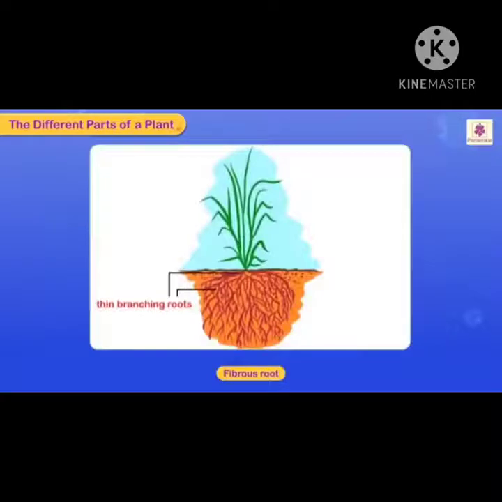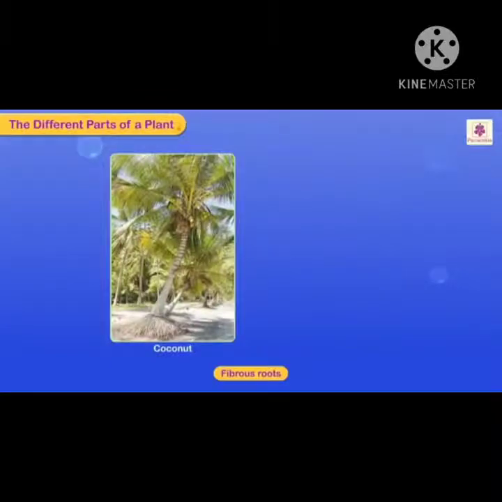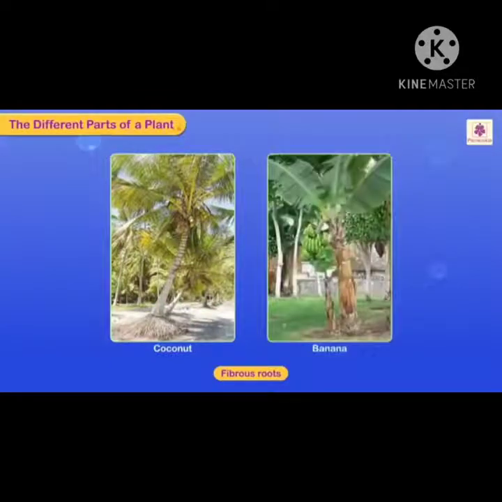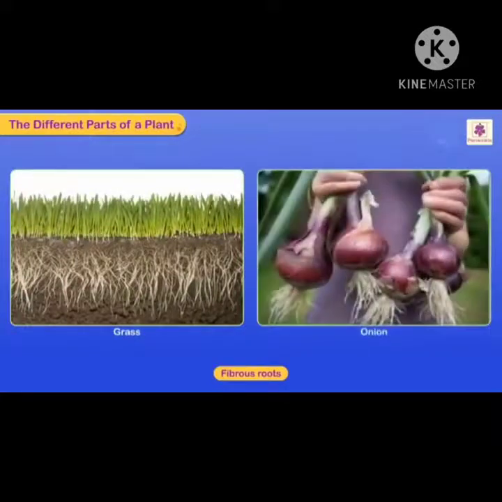Fibrous roots have thin, branching roots arising from the base of the stem. Most of the grasses and ferns have fibrous roots. Coconut, banana, grass, onion have fibrous roots.